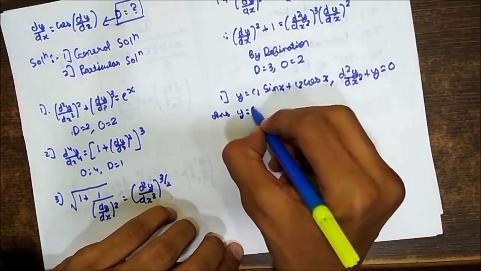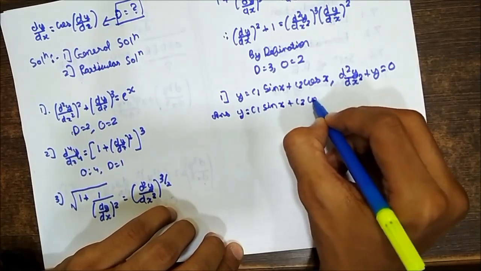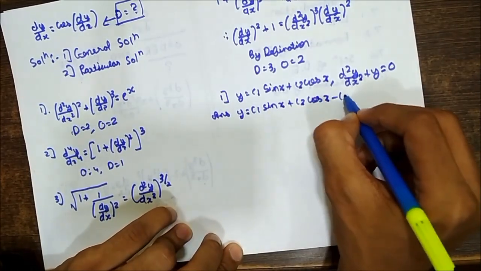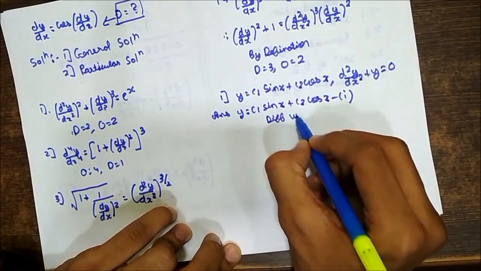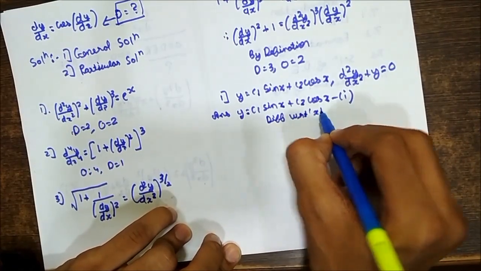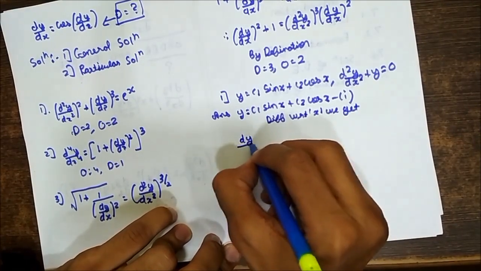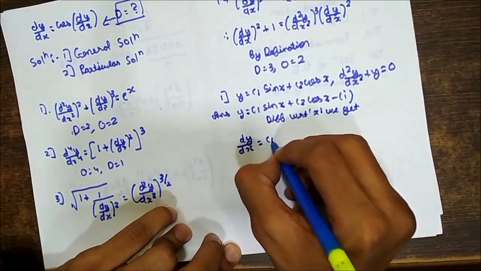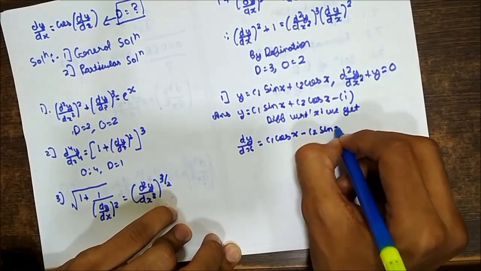Writing y is equal to c1 sin x plus c2 cos x as equation 1, differentiating with respect to x we get dy by dx is equal to c1 cos x minus c2 sin x.